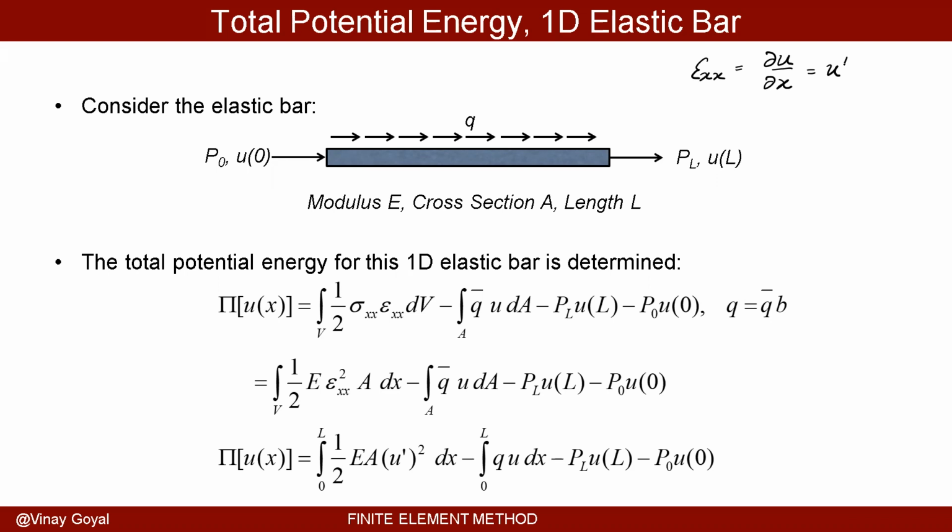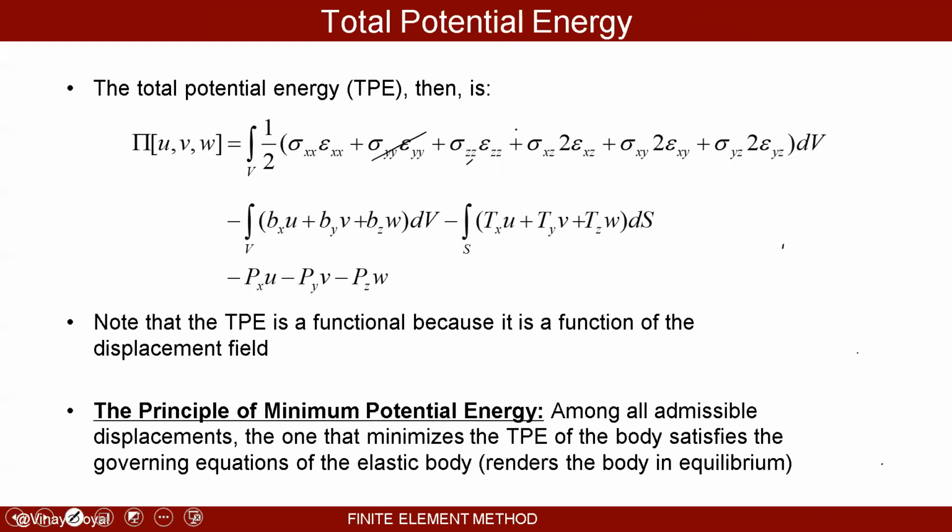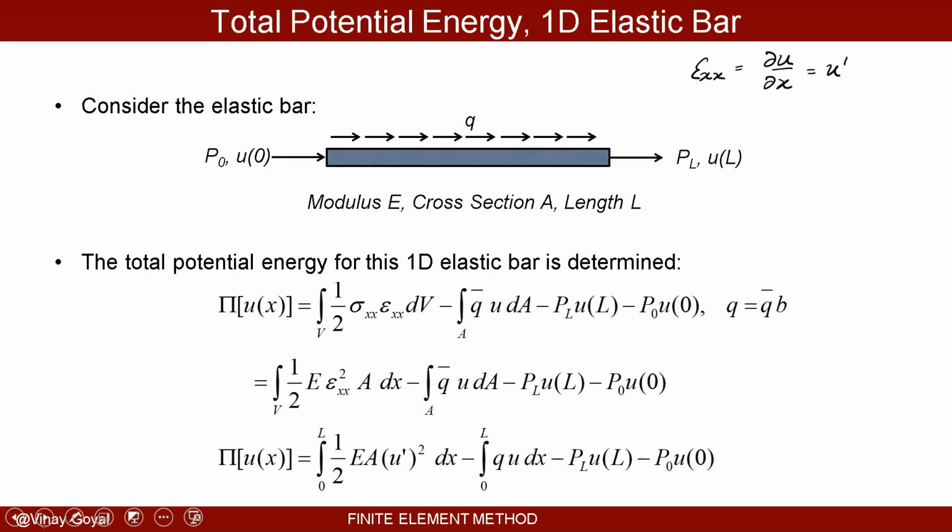As a consequence, in this example, we've eliminated all these terms that don't exist. In the example I'm showing, we do have traction loads, but they only act in the u direction, so these are not present, and we don't have any body forces. We do have this load applied on the left hand side and right hand side. So you can see how quickly this simplifies into this equation.